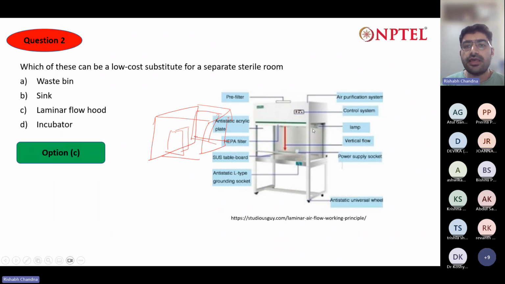We also have a lamp here that is both a normal light as well as a UV light. UV light we require for sterilization. So before starting any experiment, we switch on the UV for some minutes, basically 5 to 10 minutes, and then we start our experiment by wiping the hood with some sterilization materials.